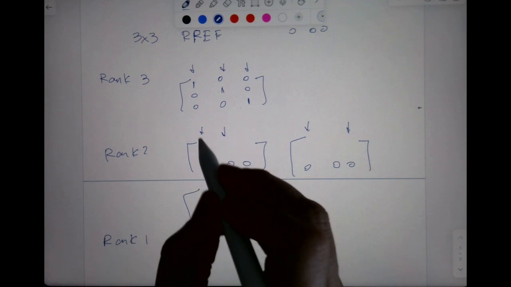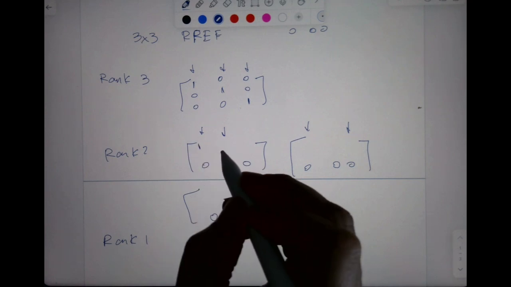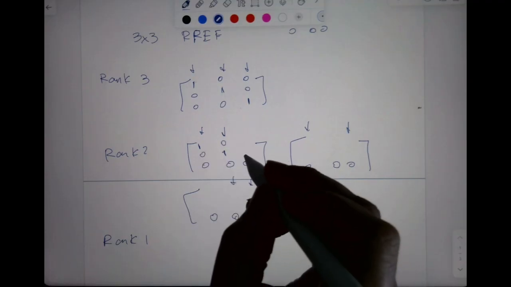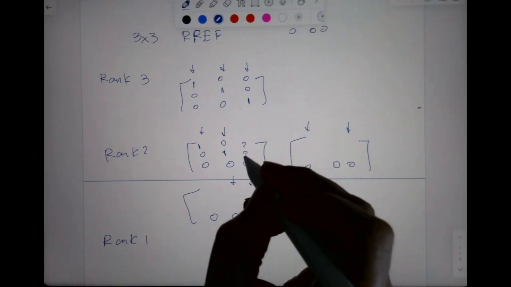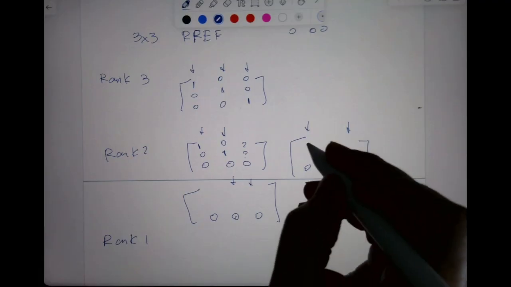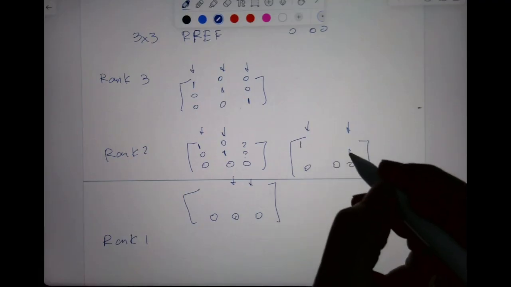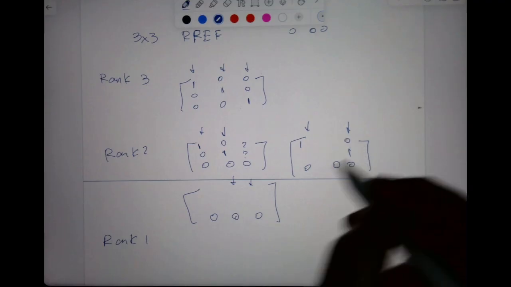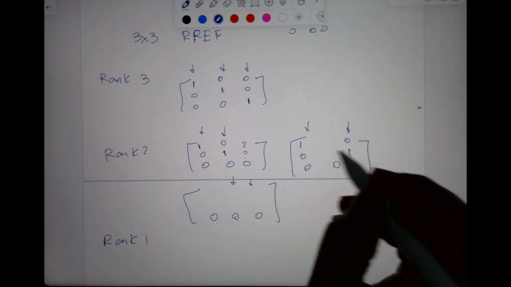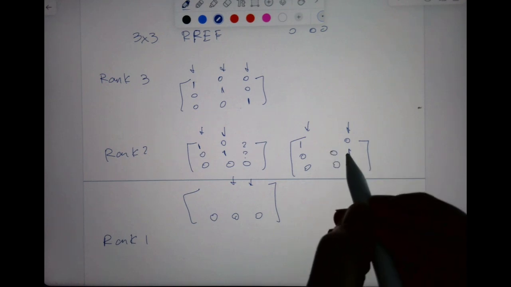And so if this is the leading one here, then above it 0, below it 0. In here, I don't know what's going to happen. You don't have to put in different variables in there. There can be all sorts of variables there, but you don't have to do that. In here, if I put in a 1 in here and a 1 in there, then there is a 0 above and a 0 below, and then there is a 0 before this leading one.